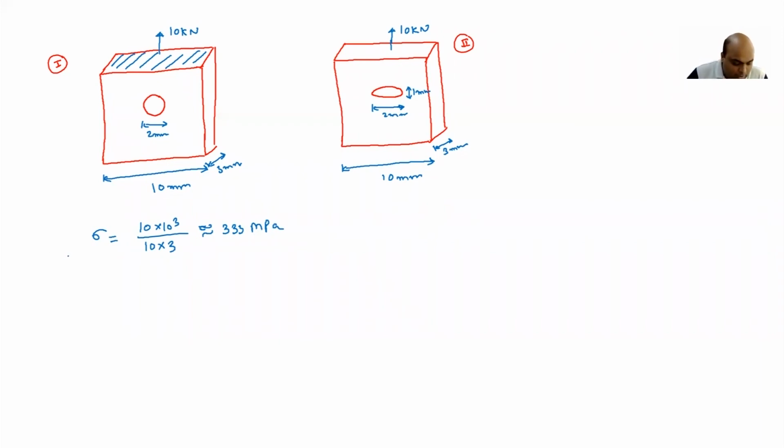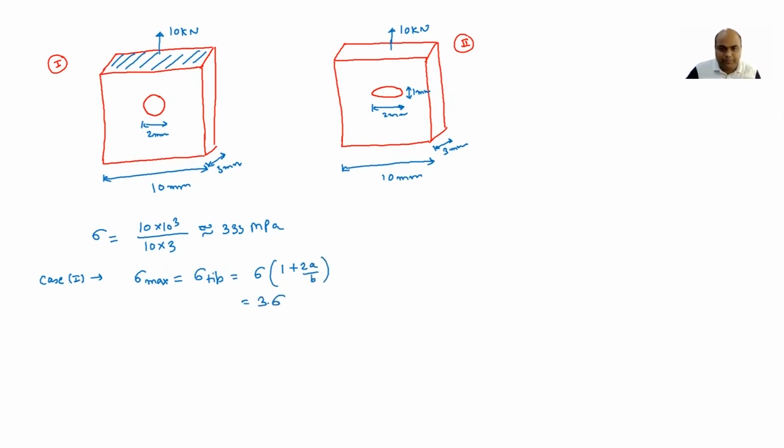Now let's see case 1, the circular hole. Sigma max, which is equal to sigma tip. I have already mentioned that the maximum stress is going to be at the tip, and this is sigma times (1 plus 2a by b). For a circular hole, this is 3 sigma.